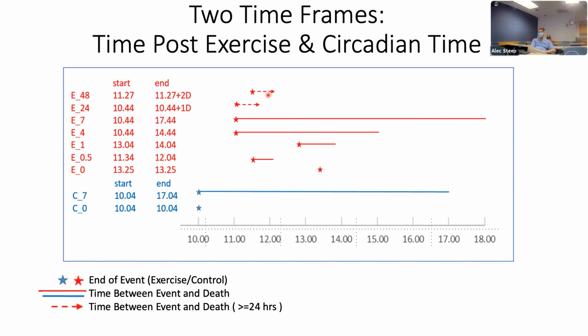There's two exceptions here. You'll see dotted lines here. Those dotted lines mean that this time actually represents over a 24-hour period. So it's gone all the way around the clock and come back in one case, or it's gone all the way around the clock twice for the 48 hour.